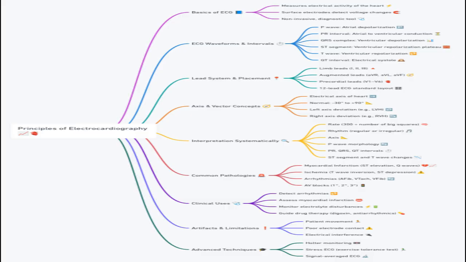Using diagrams to understand the lead placements and vector orientations will really help. And then practicing measuring intervals and identifying waveform abnormalities on sample ECG tracings will help. Integrating clinical case studies to correlate the ECG findings with patient presentations will also be very, very helpful.